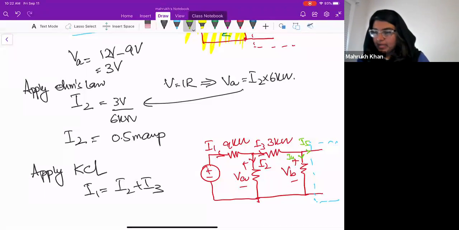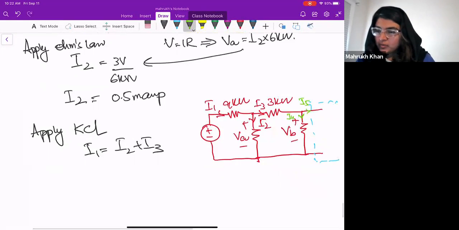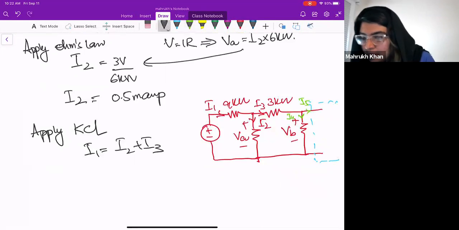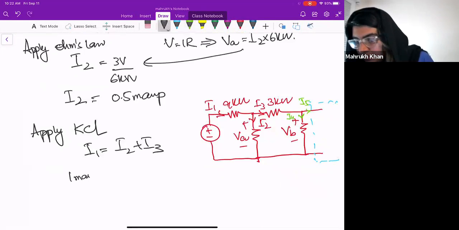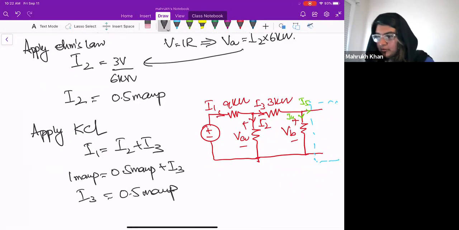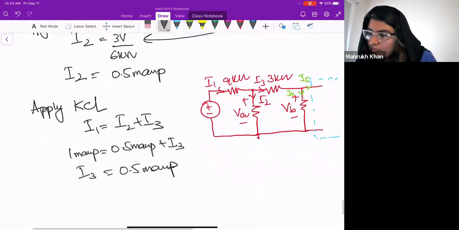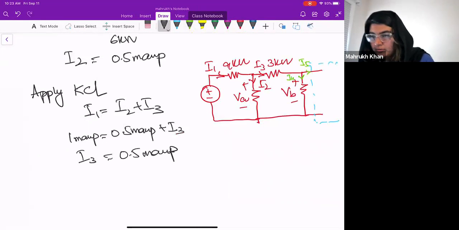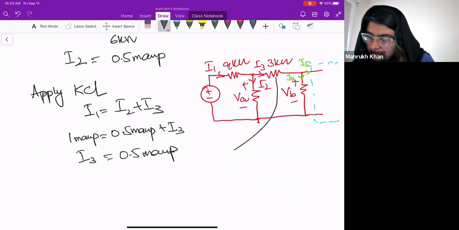So I3, I need to know I3, right? So I1 is 1 milliamps, I2 is 0.5 milliamps. So I need to find I3. So I3 will be 0.5 milliamps. This is good. Now, applying Ohm's law, I can find out this voltage drop, right?